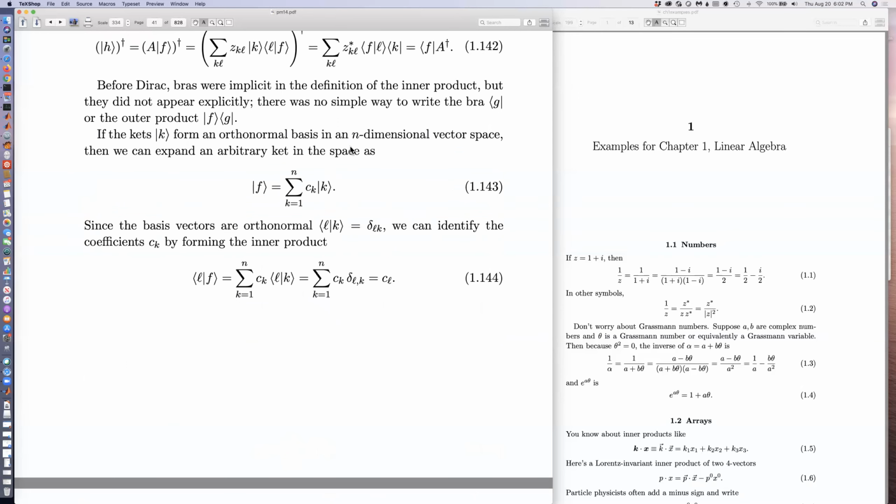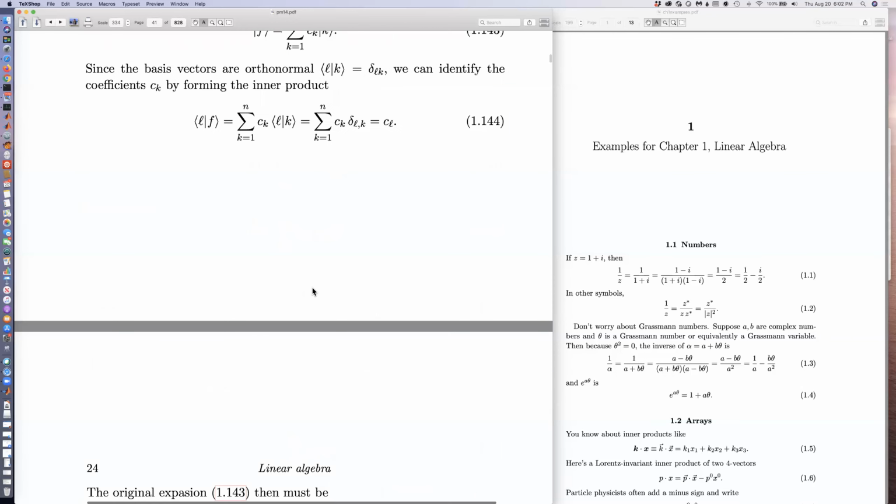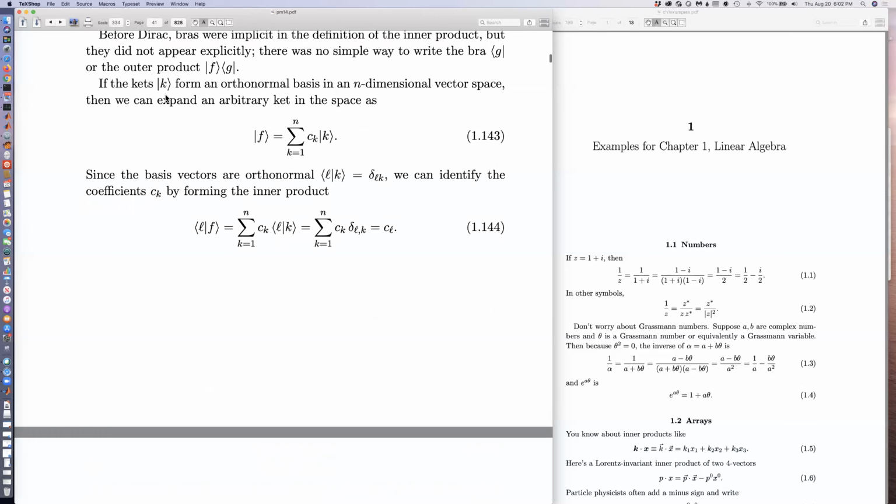Now we're coming up against something quite important, I think. Actually, all this stuff is important, but anyway, if the kets form an orthonormal basis in an n-dimensional vector space, then we can expand an arbitrary ket in that space in this way. We saw that earlier.